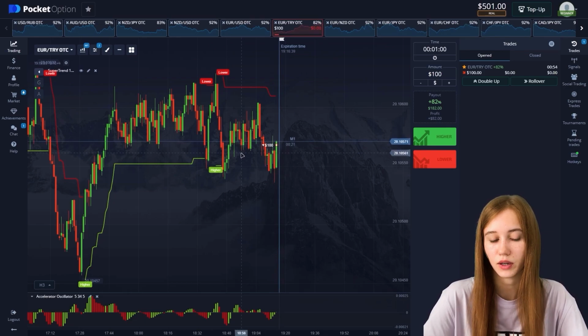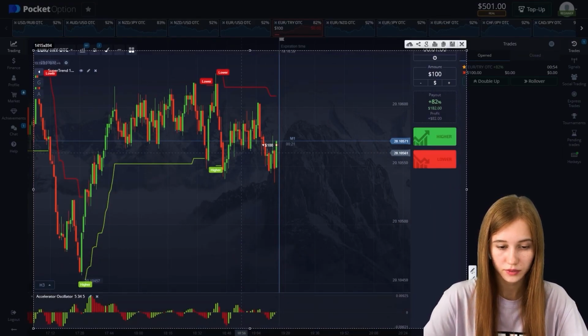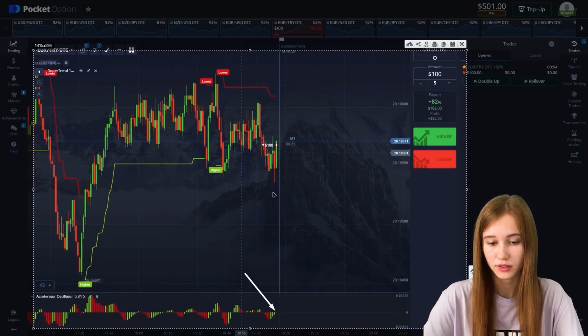We see that we have come close to the 0 mark. Here, 0 mark. So this indicates a change in trend, as happened in all cases. But I think this is a small fake signal, and there will be no change in trend because the average price remains in a wide range.